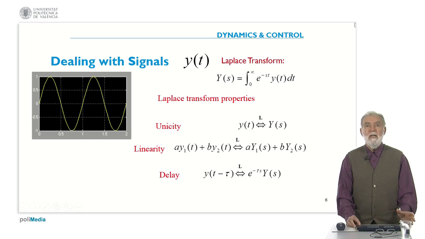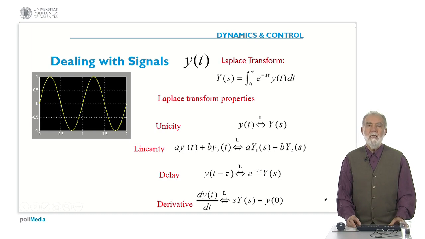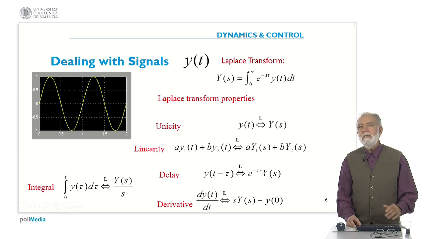If you consider a delay, y of t, delay τ seconds, then the Laplace transform is the same of that of the signal, but multiplied by e power of minus τs. And there are two very nice properties that we will use also to model processes. The derivative. If the Laplace transform of one signal is y of s, the Laplace transform of the derivative is the same multiplied by s minus the initial conditions.